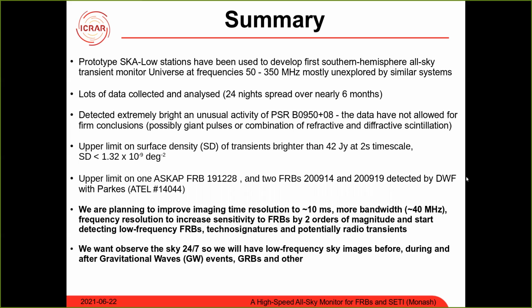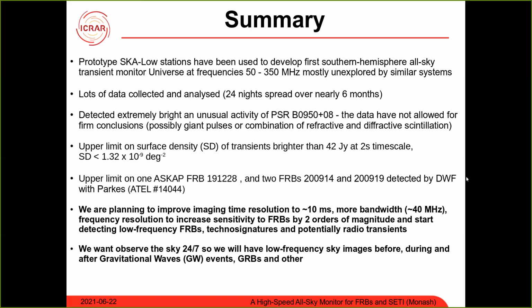So to summarize, as I said, we have used this SKA-Low prototype station to develop the first southern hemisphere all-sky monitoring system. We used it for transient searches between 50 and 350 megahertz. Interestingly, this part of parameter space, especially the frequencies, is unexplored by similar all-sky monitors in the northern hemisphere, which are implemented by LOFAR and the Long Wavelength Array.